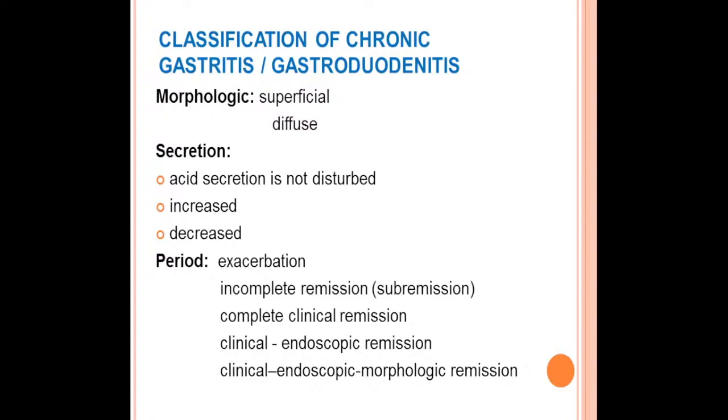Characteristics of each period: in exacerbation, complaints may include all three syndromes: pain syndrome, dyspeptic syndrome, and intoxication syndrome. The endoscopic picture shows an inflammatory process in the stomach. PH-metry shows hyper or hypo secretion, increased or decreased. That is the period of exacerbation.